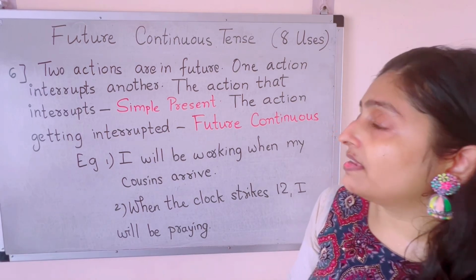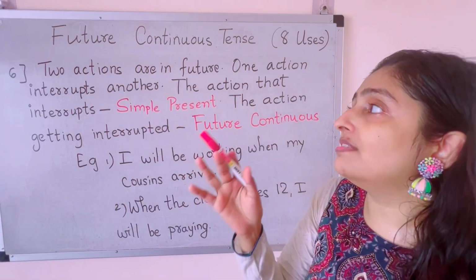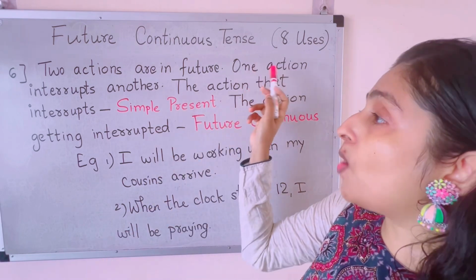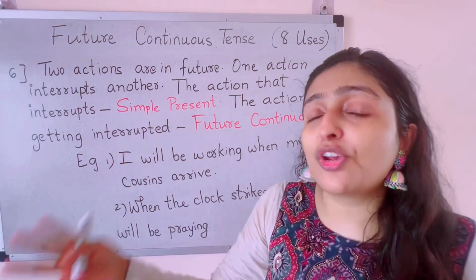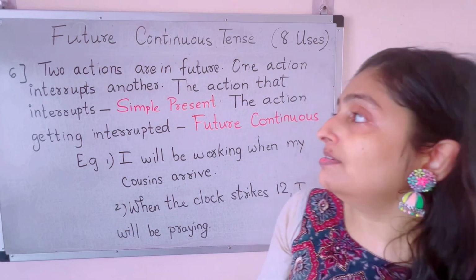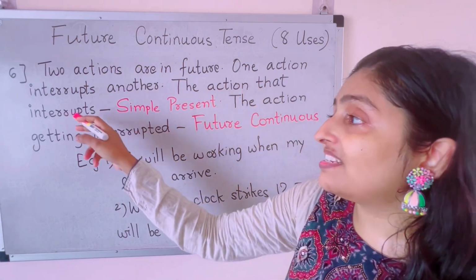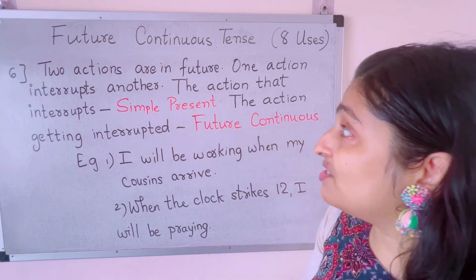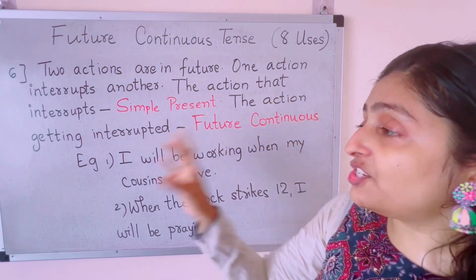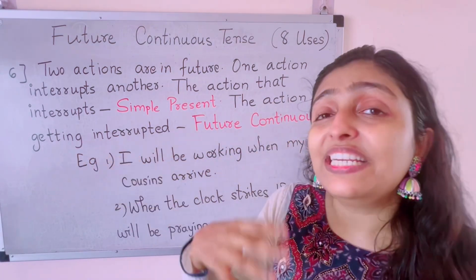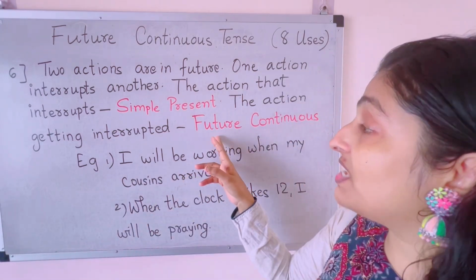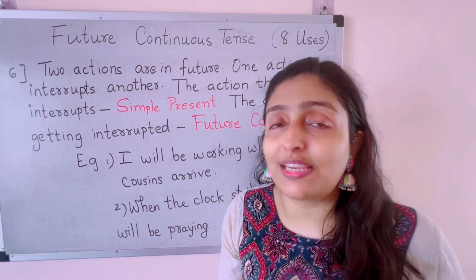Rule number 6. Two actions are happening in the future. So one action interrupts another action. The action that interrupts is written in simple present tense, and the action which is getting disturbed or getting interrupted is in future continuous tense.